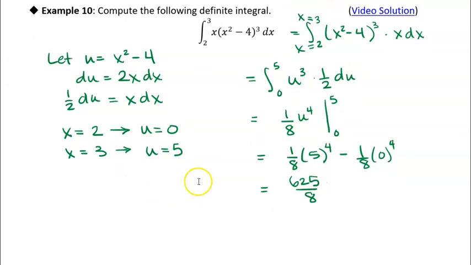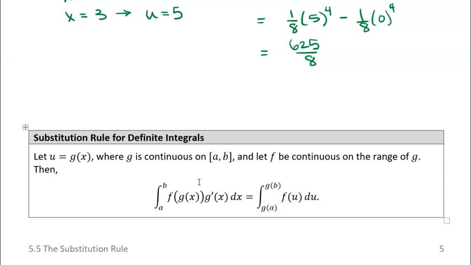Now, in this last box, there's a summary of what we did, but I think it's easier to understand when you see an example. Essentially, we're doing the substitution, but we're also translating the limits of integration into u values instead of the original x values. That's all I've got for this section, and I will see you in class.